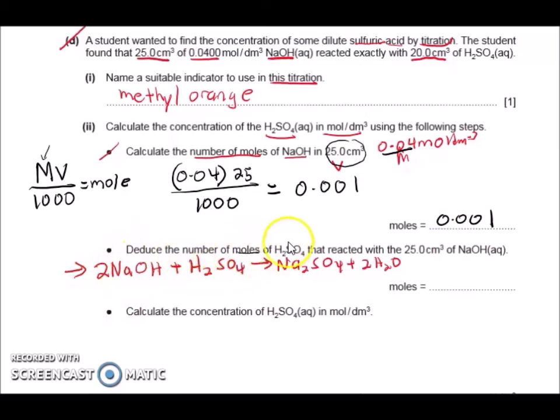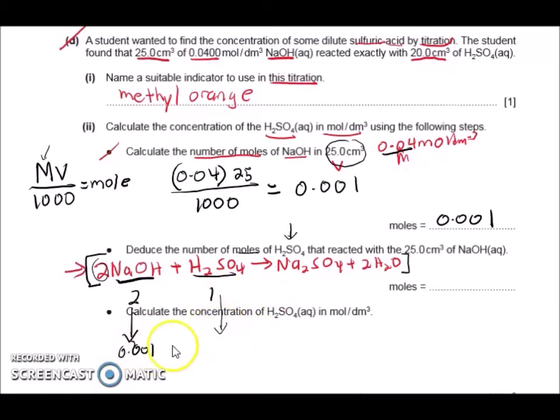Now the second question, they mentioned deduce the number of moles of acid that reacts. If you look at this equation, the ratio of sodium hydroxide is 2 and the acid is 1. So we can make a simple ratio here. These two are given by 0.001.